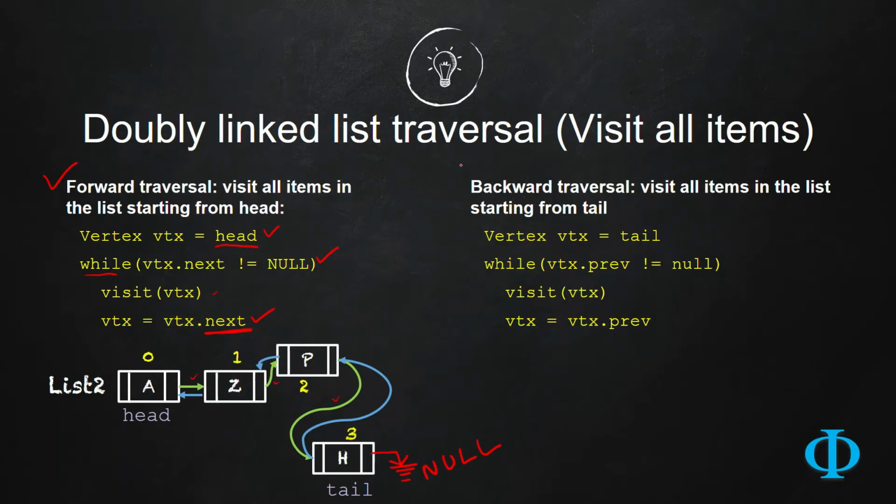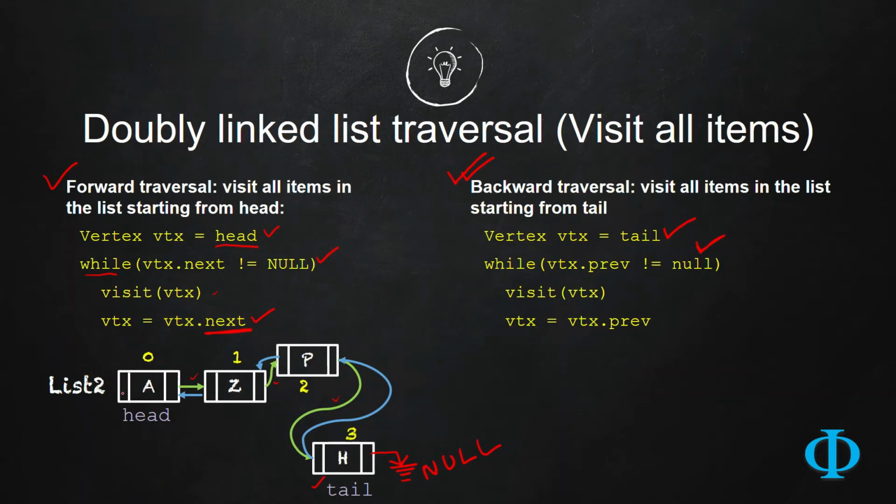The other way of traversal is just the opposite, which is called backward traversal of a doubly linked list. Here, instead of starting from the head node, we start our traversal from the tail node, that is this node. And here also we continue our traversal until we reach the beginning of the list.